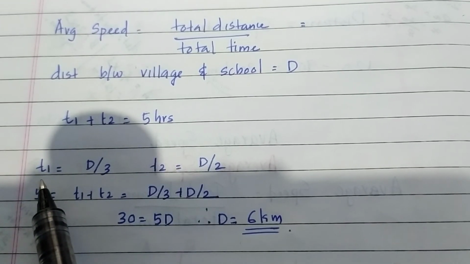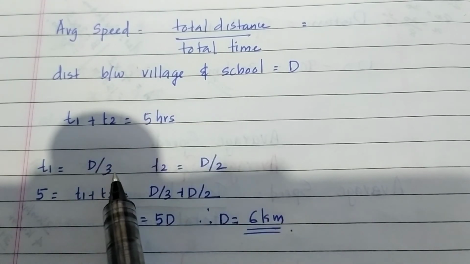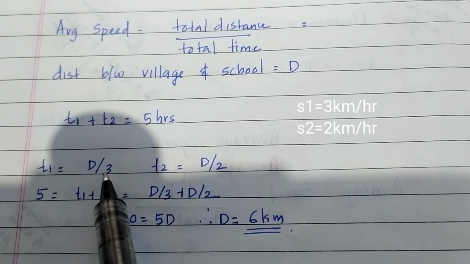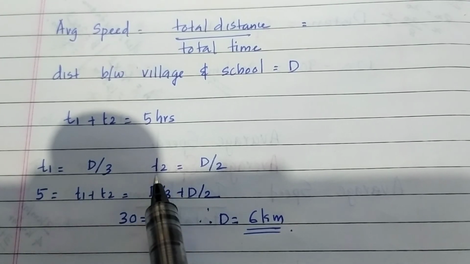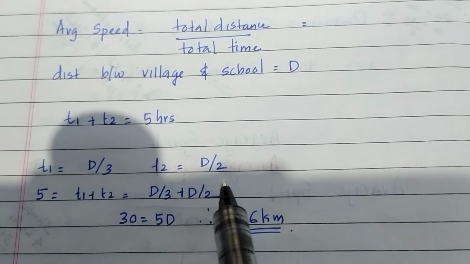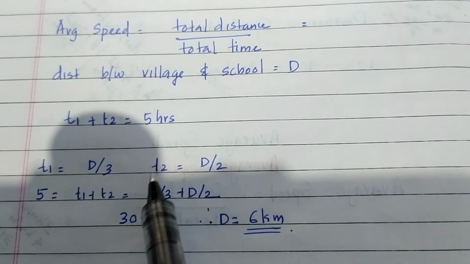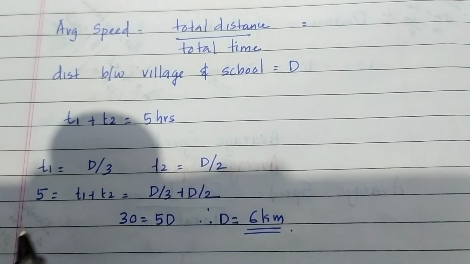So what would be T1? T1 is equal to the distance between the village and the school divided by 3. He goes to school with a speed of 3 km per hour. And T2, he comes back from school to village at 2 km per hour. The distance will be the same.